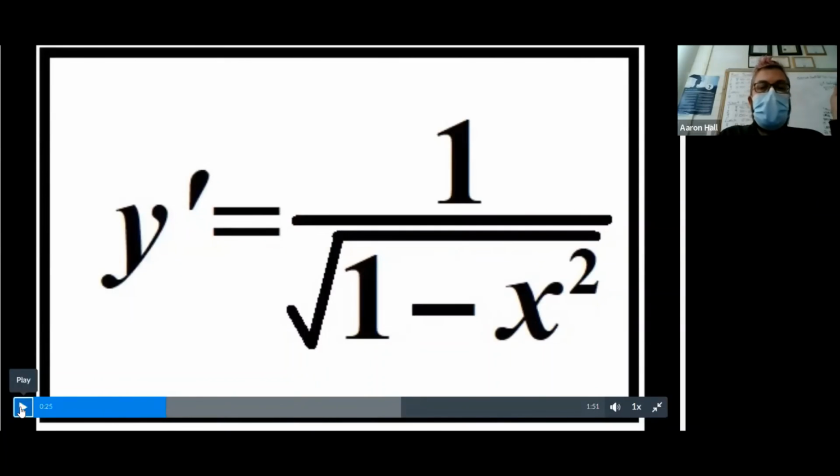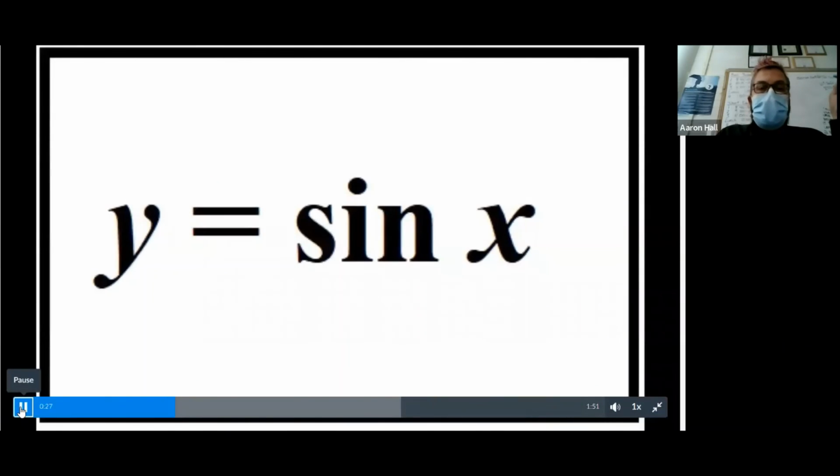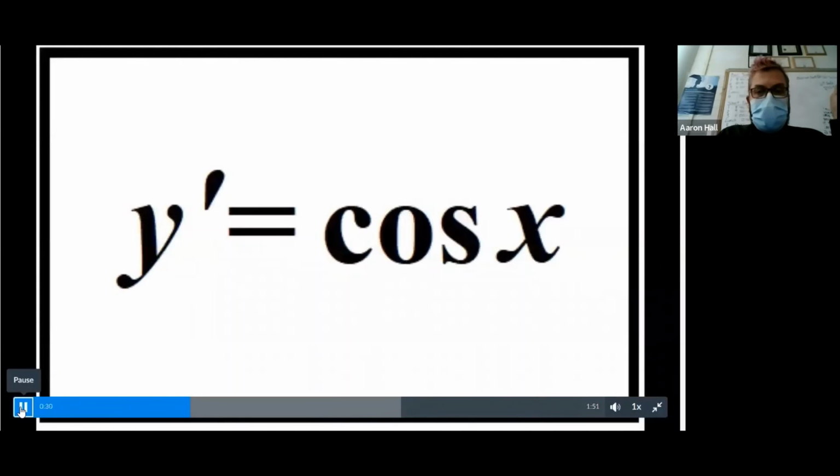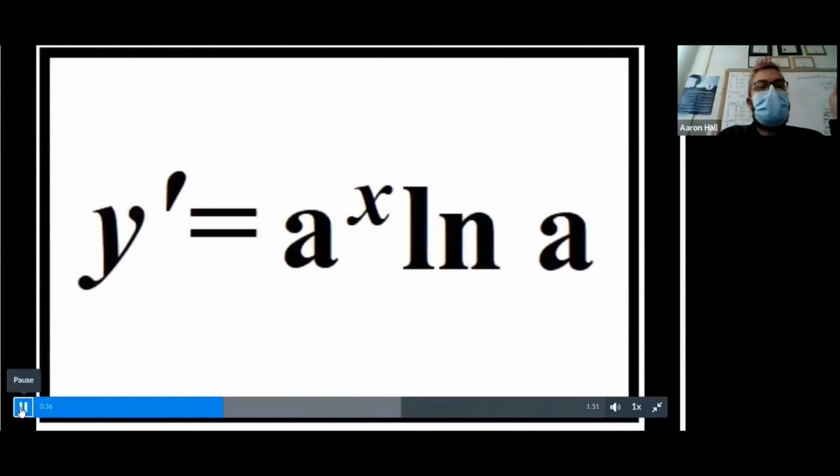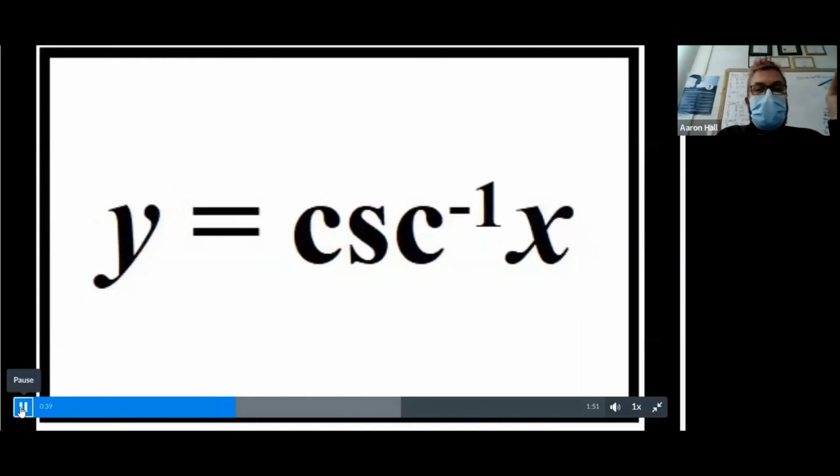Nice. What is the derivative of sine of x? Yeah, cosine of x. What is the derivative of a to the x? Nice. What is the derivative of cosecant of x?